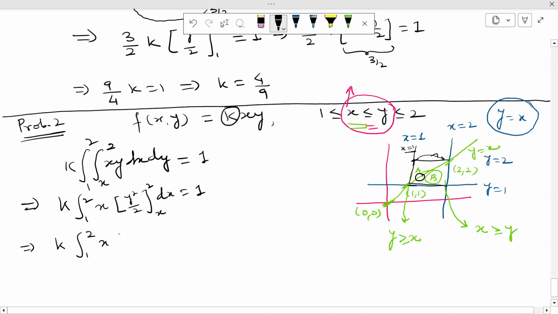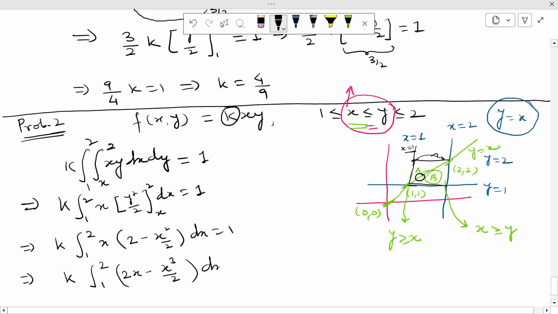Putting the upper limit y equals 2, we get k times the integral from 1 to 2 of (2 minus x square by 2) dx equals 1. So this gives k times the integral of 2x minus x cube by 2.